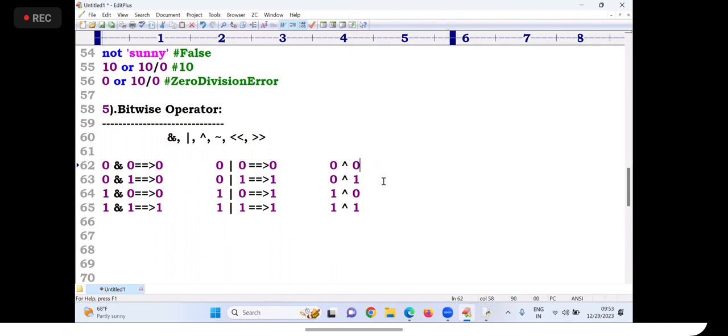Here 0, 1, 1, 0. The logic is the last one: if both bits are same, 0. If both bits are opposite, then 1. That is the rule here. Remember. Because if both are same, 0, different bits are there, then it is 1.